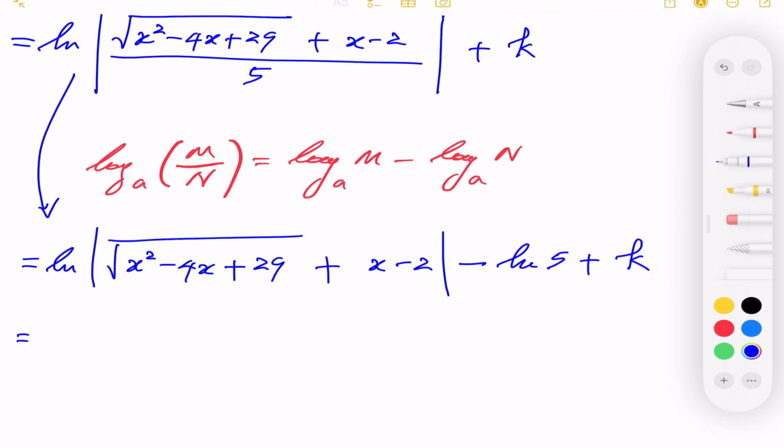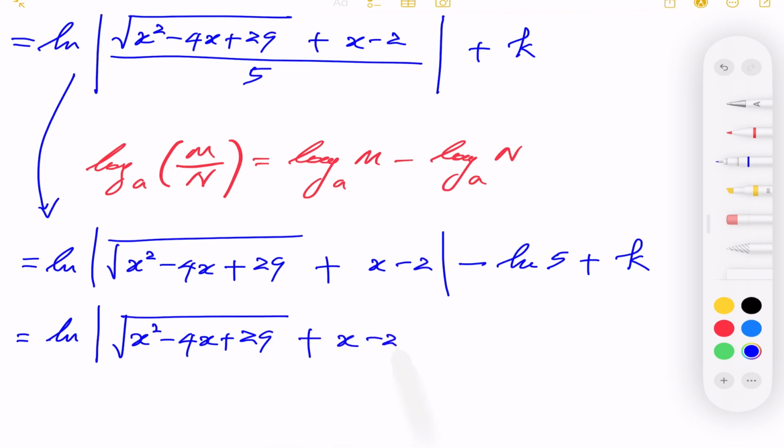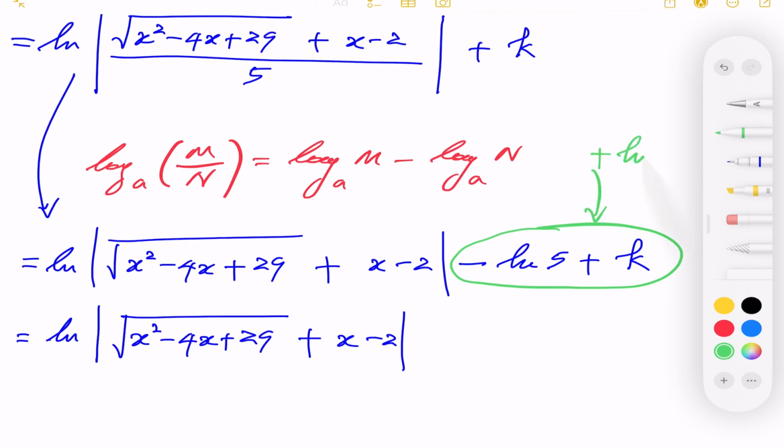Now this is equal to the natural logarithm, absolute signs, square root of x squared minus 4x plus 29, that part is inside the square root, and that plus x minus 2, close absolute signs. Now I need you to see that this part, if necessary, can be written as plus natural logarithm of some c. In that case, I'm going to use another property from logarithm.